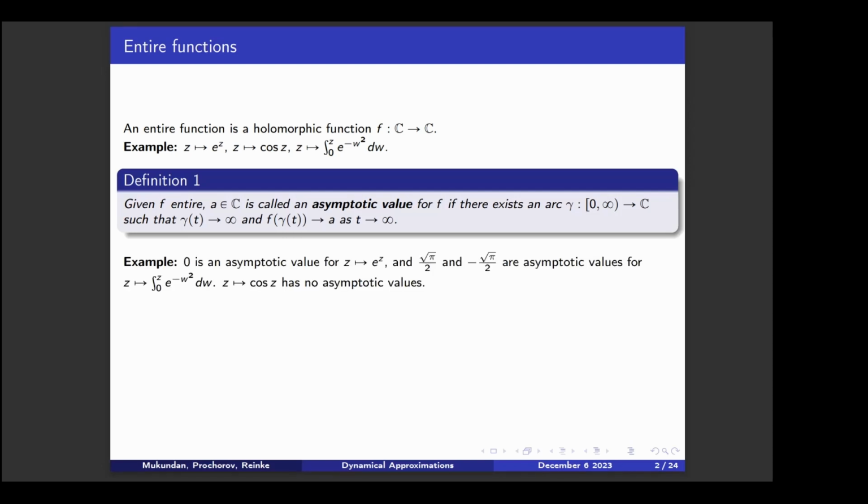If you take an arc that goes along the negative real axis and take the time parameter to infinity, that arc under e to the z maps forward into the unit disk and approaches 0 as t goes to infinity. You can also check that root pi over 2 and negative root pi over 2 are asymptotic values for the error function, and that z goes to cosine z does not have any asymptotic values.